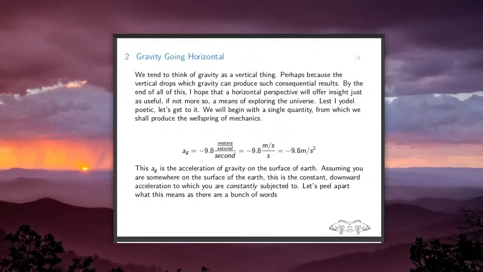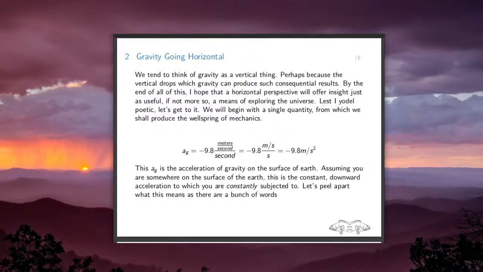Now, if you're up on a giant mountain or down in a valley, it might alter slightly, but it's so small you're not even going to notice the difference. But it's also useful to think about it horizontally.